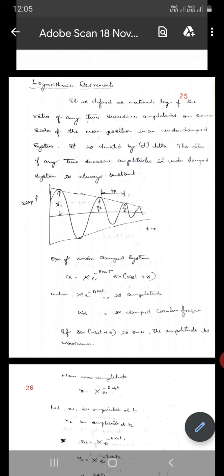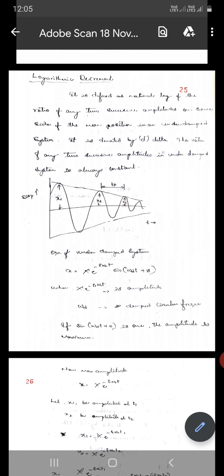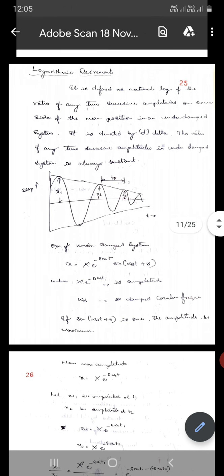The equation for an underdamped system is x equals capital X e raised to minus zeta omega n t times sine of omega d t plus psi, where capital X e raised to minus zeta omega n t is the amplitude and omega d is the damped circular frequency.